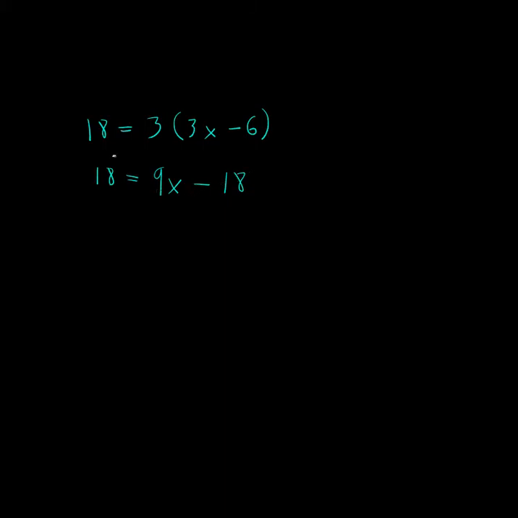Okay, and so then all we would do is we would want to get rid of this minus 18, and so we would invoke the additive property of equivalence, and add 18 to both sides.